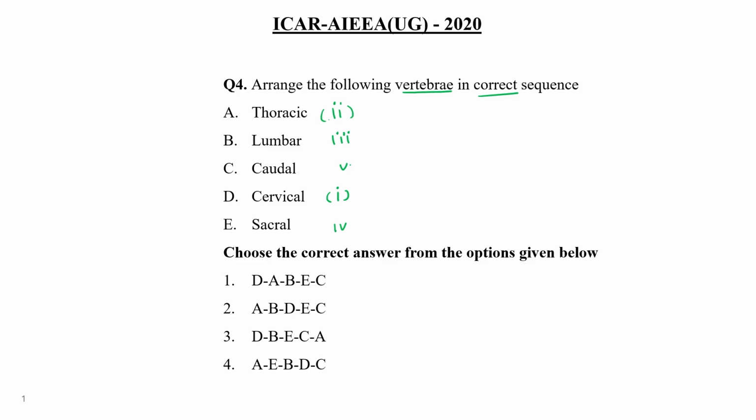So cervical, D. D is present at the first position in choice number 1 and in choice number 3. And after D, A is present first. So obviously the first choice would be the correct answer. Clear? So this is how you can learn which type of vertebrae is present at the topmost position and which one at the last position, with cervical spondylosis.